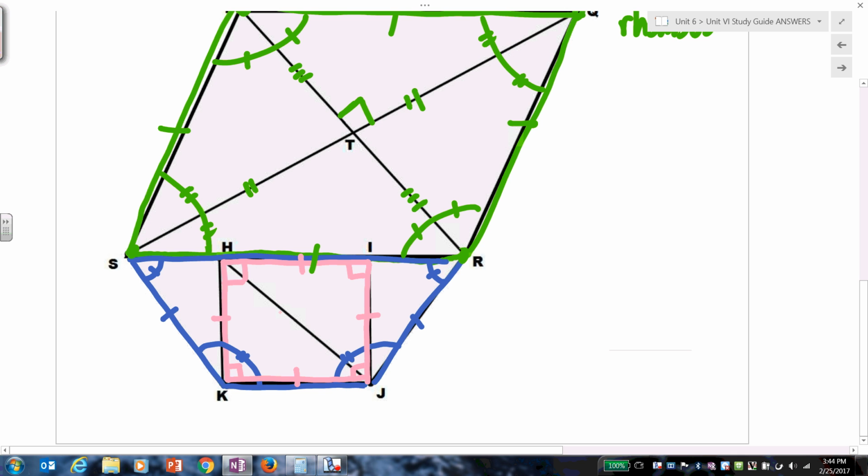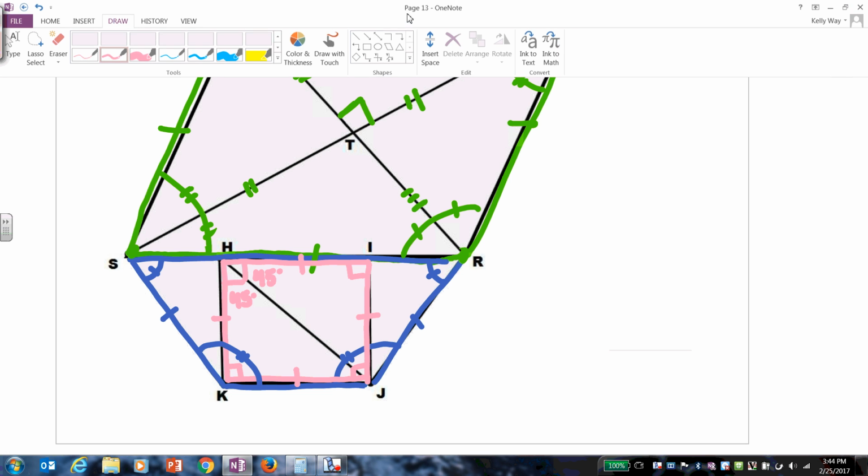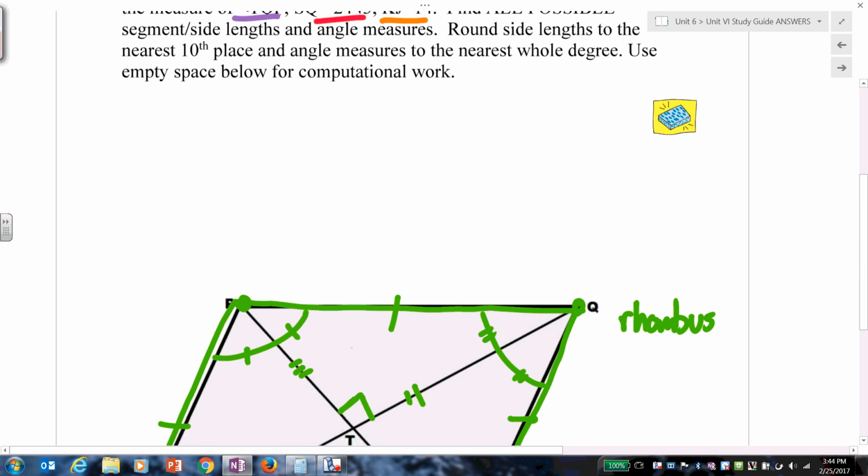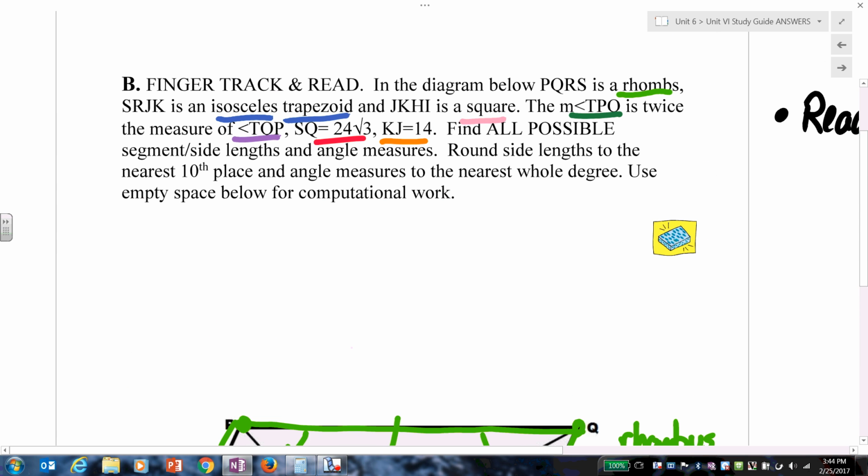And we know that that diagonal is going to cut that right angle in half. So now we can start getting ourselves some numbers here. So always be in the habit of marking and asking yourself, what do you know to begin with?